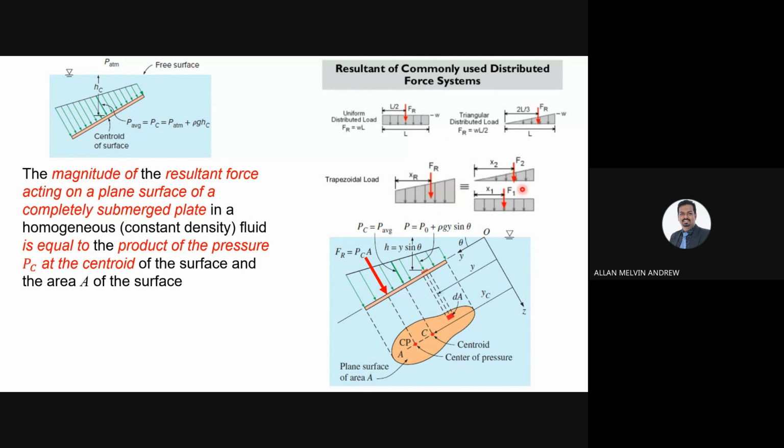In this case, since it is a trapezoid, the force will be nearer to the place where the pressure is higher. So that's why it's not here, but a bit down towards this side.